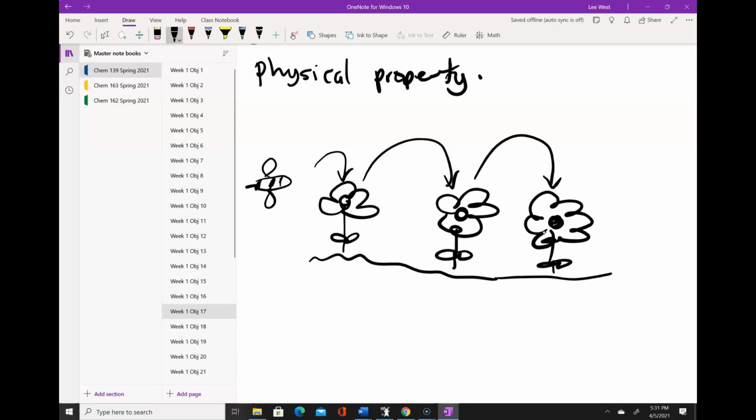Now, if I was to take, say, another kind of bug that doesn't care about collecting pollen, let's say I took a fly, and you can tell there's a fly because he's got big bulgy eyes and he doesn't have stripes or a stinger, then the fly would go straight through, right?